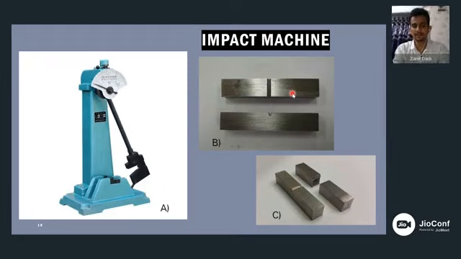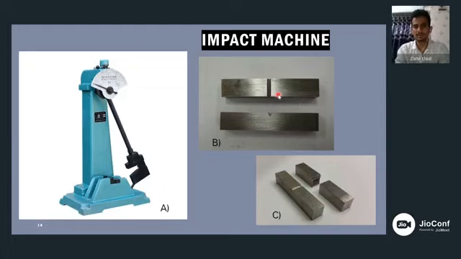For example, if we are planning to make a submarine, there is a chance of sudden impact from ice and other sea objects on the submarine. So at that particular temperature, we test this specimen so we can derive its energy-absorbing property.